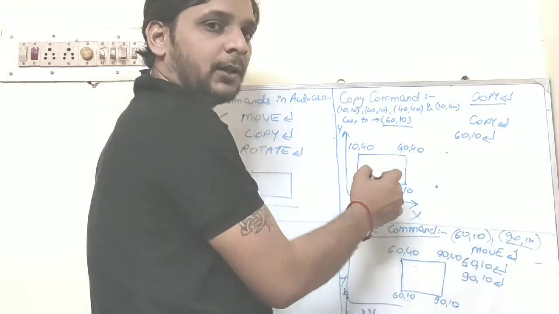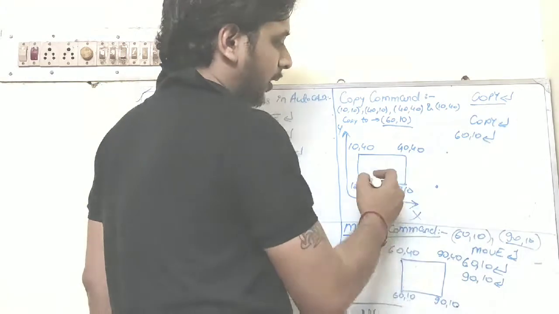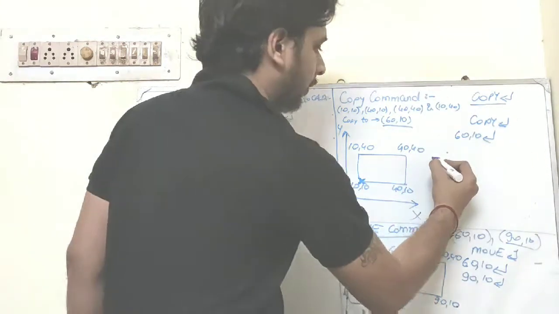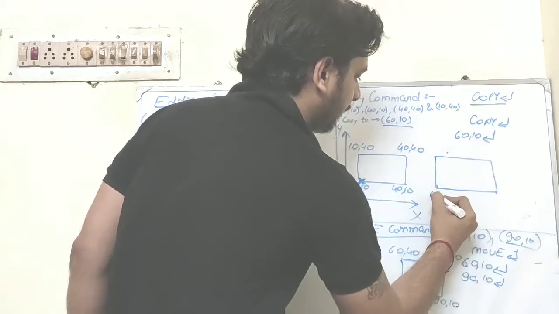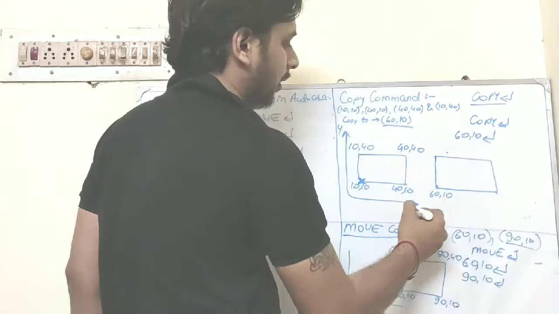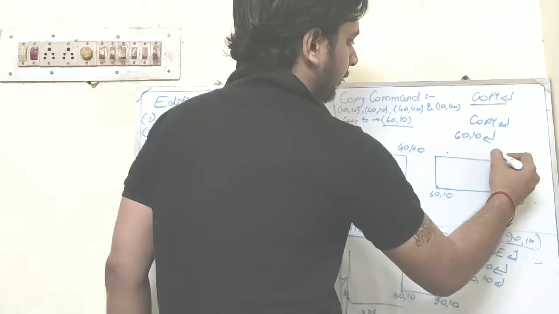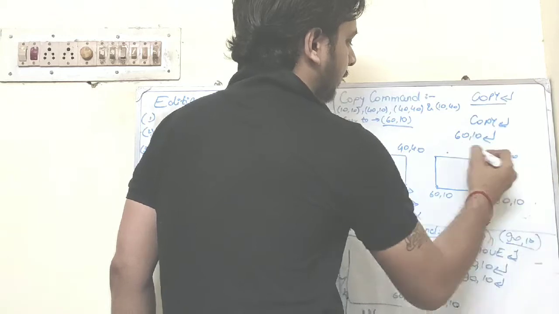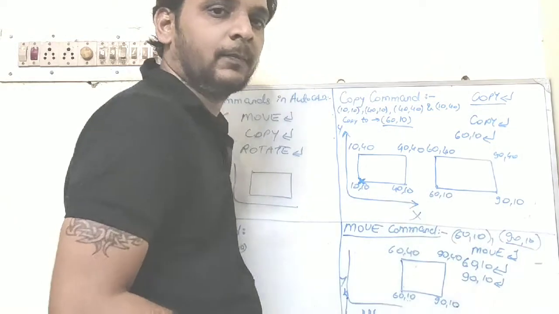When you select this corner and press enter key, you will see another rectangle constructed with starting coordinates 60 comma 10 and other coordinates 90 comma 10. This is 90 comma 40 and this is 60 comma 40.